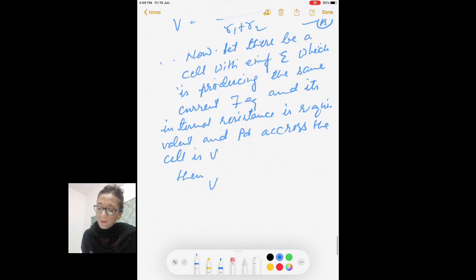Then V is equal to E minus I equivalent into R equivalent.